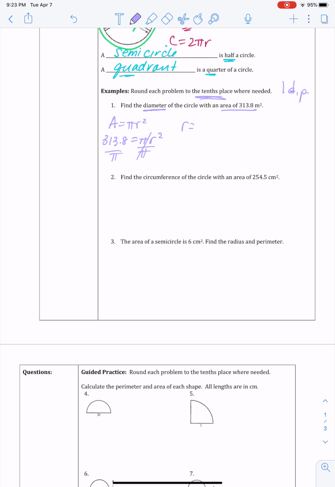I get r squared equals 99.88, which means that r is 10.0 when we round to 1 decimal point. So then the diameter is it twice r or half of r? It's twice r. So this is 2r, which is 2 times 10, which is 20 meters.